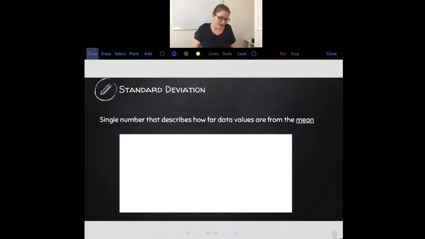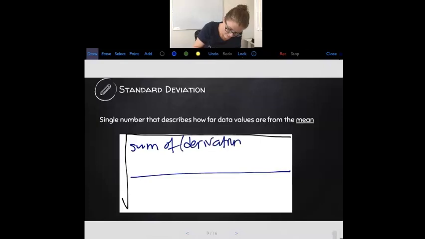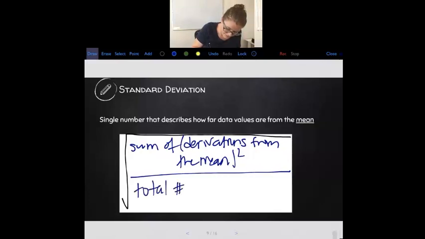Okay, so the standard deviation is the square root of a fraction: the numerator is the sum of deviations from the mean, squared, and the bottom is your total number of values minus 1.